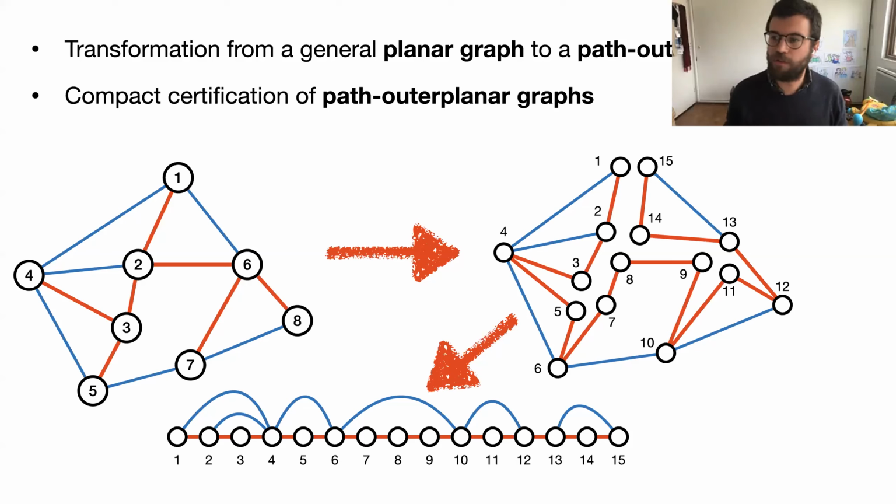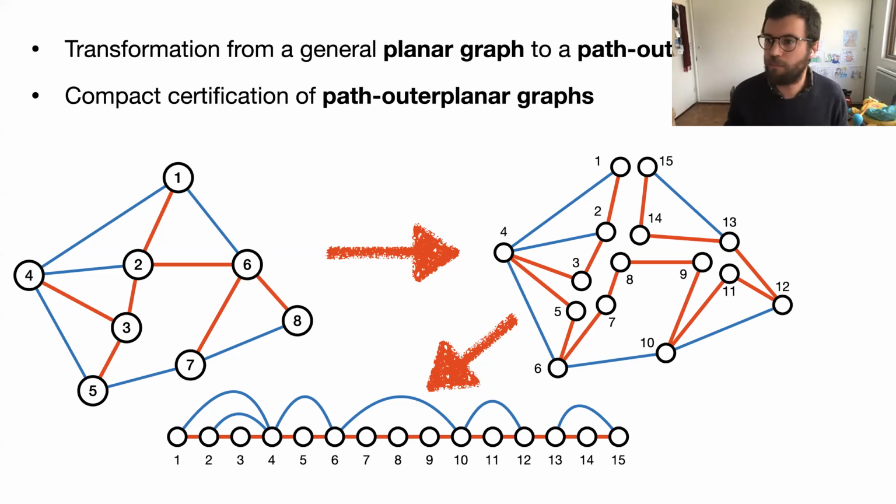So our proof labeling scheme consists of two parts. First, a certification of this construction, which essentially has to tell each vertex which are its copies, and there are also some details there with how we give all the vertices the information, because one vertex can be divided many times.